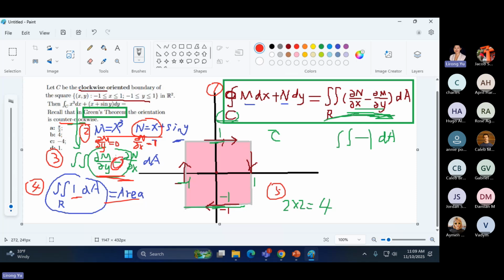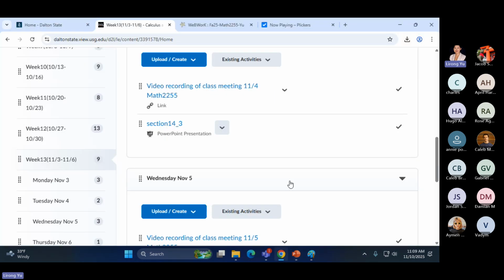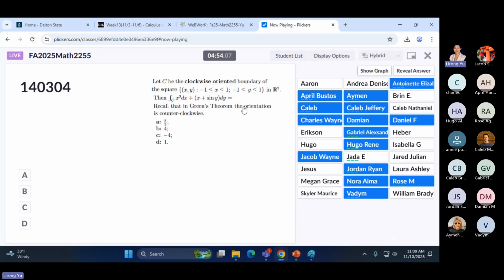But there's a subtraction, so it should be -1 calculated. It should be negative in the area. So it's -4. You guys were right. I made a mistake. I didn't do the subtraction properly. So the answer should be -4. Many of you already have the right answer, but I'm sorry if I was leading you in the wrong direction. The answer should be -4.